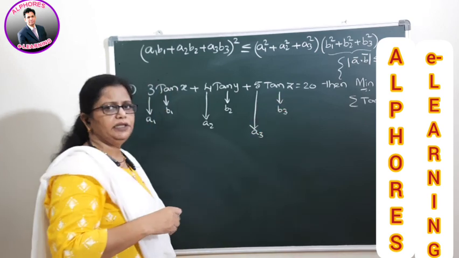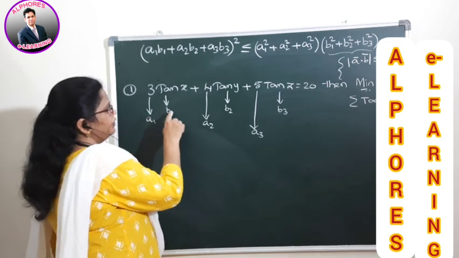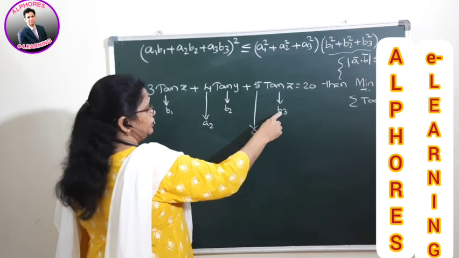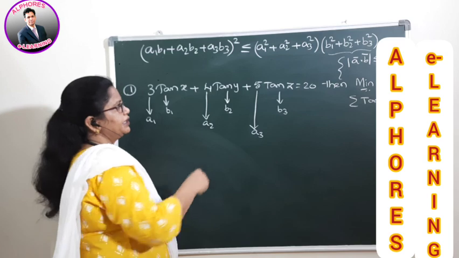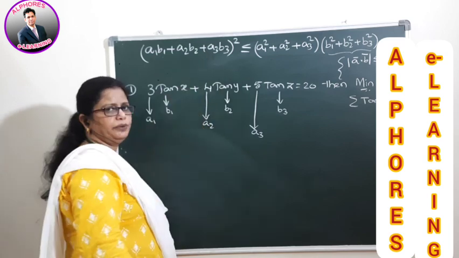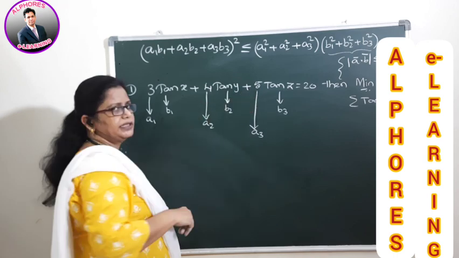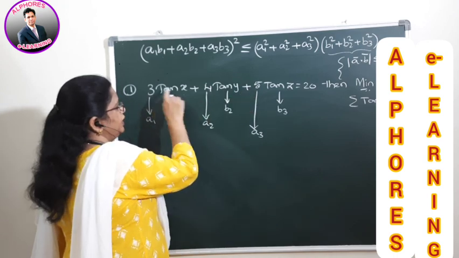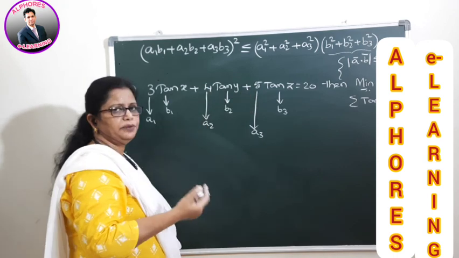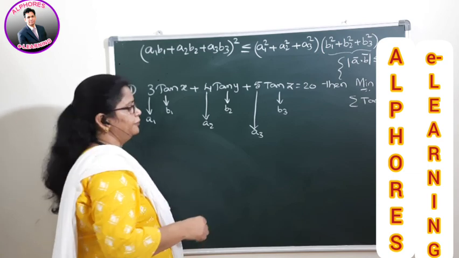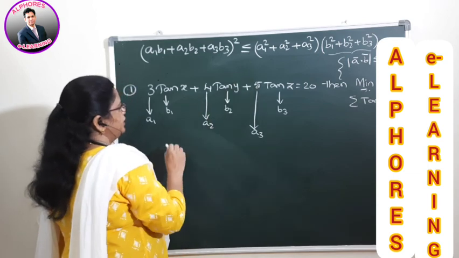So what is the data given here? a1 b1 plus a2 b2 plus a3 b3 is 20. Understand? It implies this value you know. Then what about the other? These are all known values, constants. If they give some a, 2a, like that, it is a constant. Now you can simply make use of the result.